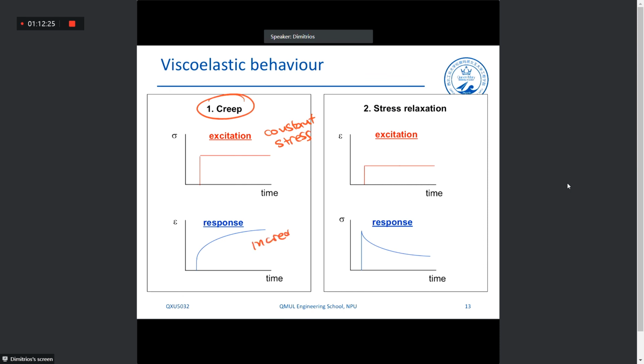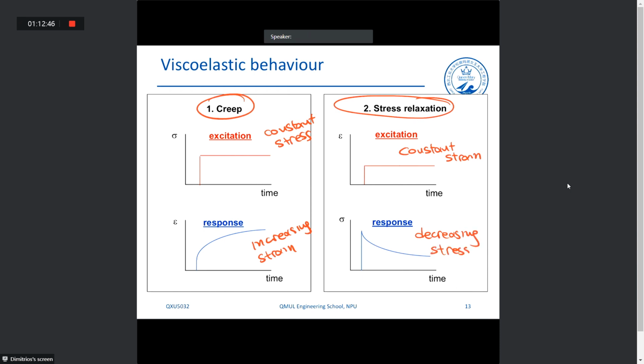While in the case of the relaxation, we have, as I said, constant strain and decreasing stress.